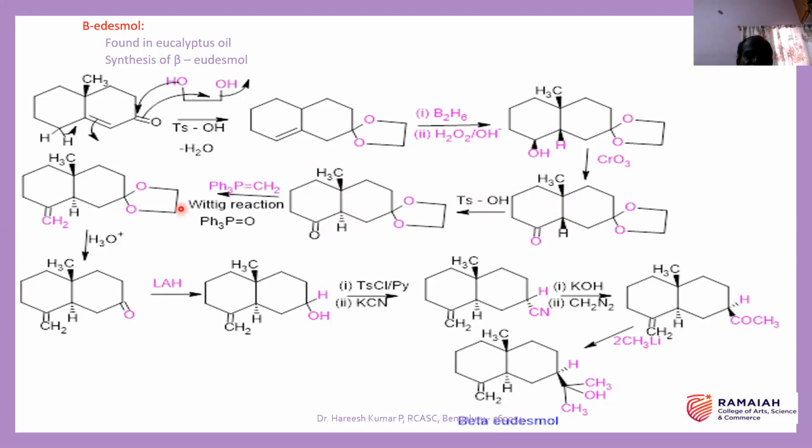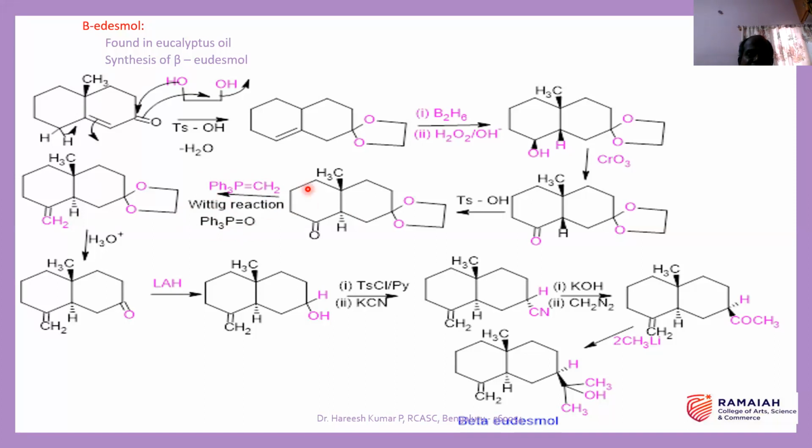So from here to here, what are the changes? You can observe that C double bond O is converted into C double bond CH2. So the change is the addition of CH2, more particularly a methylene group. The name of this reaction is the Wittig reaction, and here triphenylphosphine oxide is the leaving group.